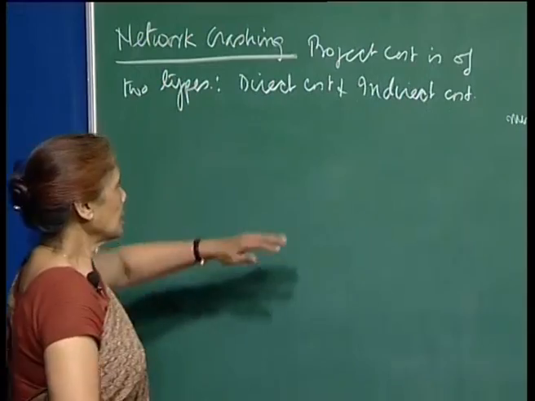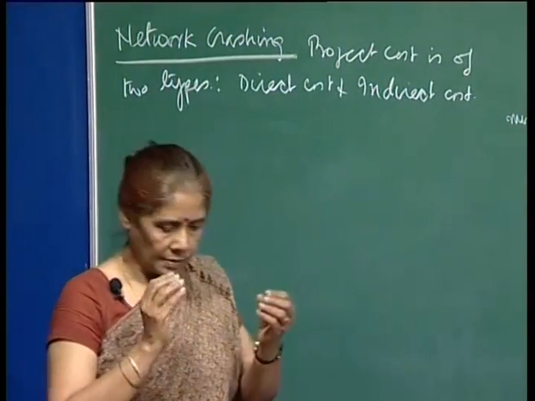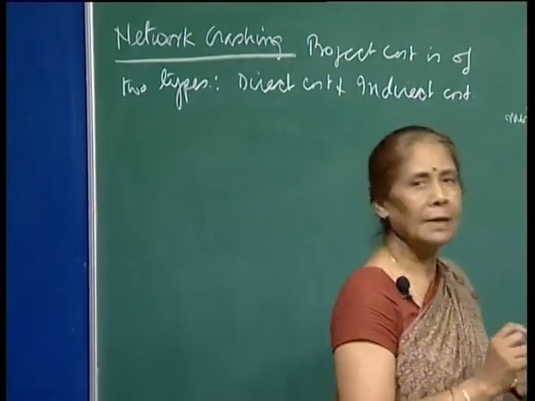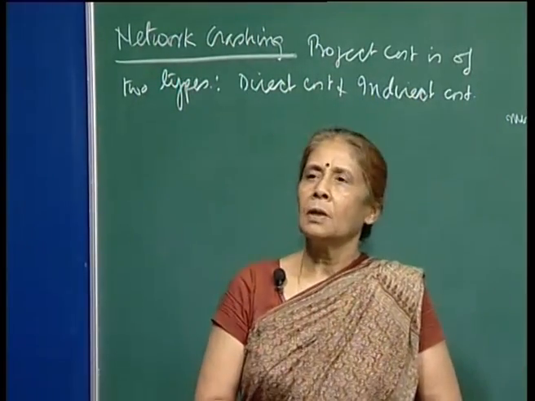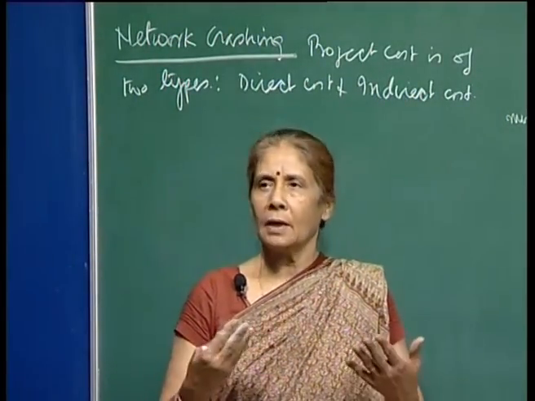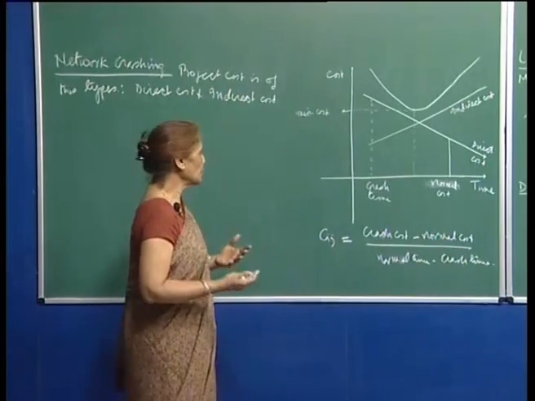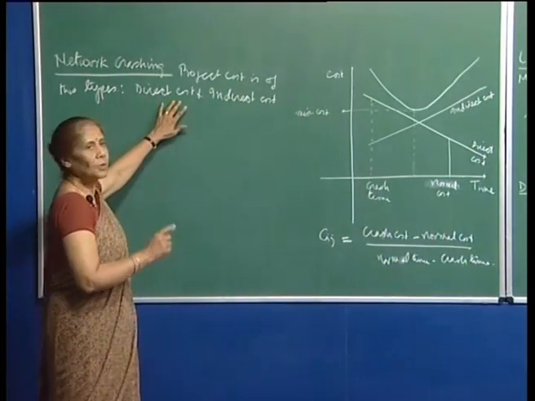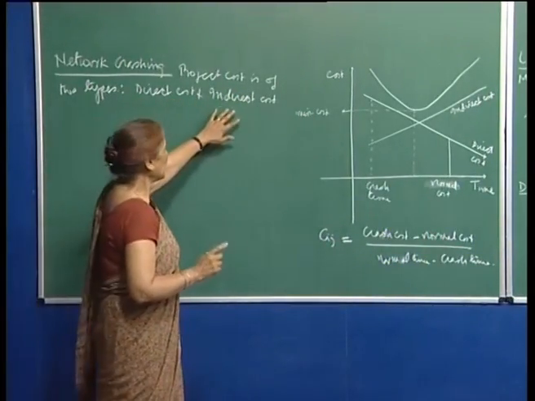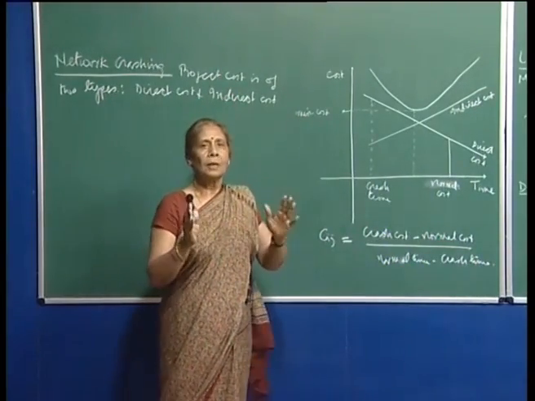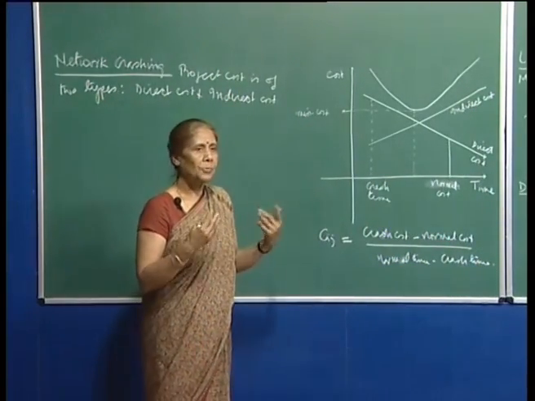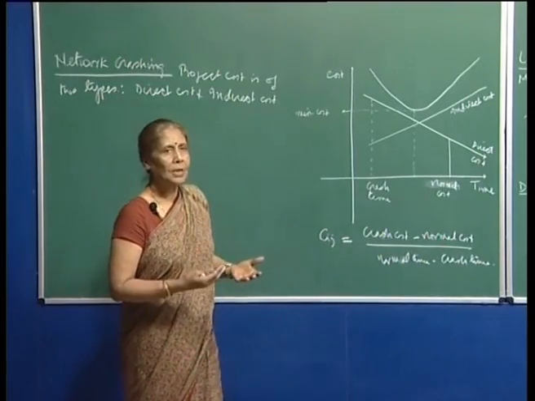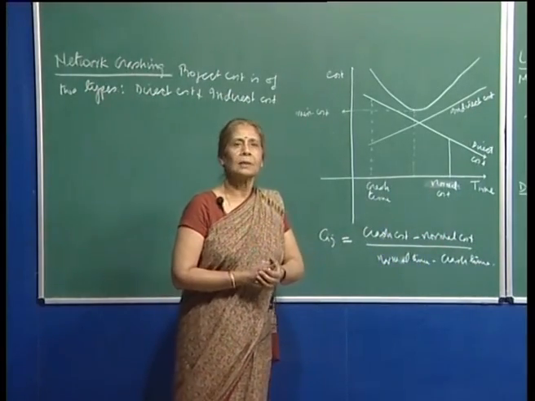So, as I was suggesting earlier, direct cost would be the cost associated with a particular activity. That means the amount of labor and other resources, whatever machinery you require, that is specific to a job, right. And the indirect cost is actually the cost related with the whole project, because you may hire premises, you may hire managerial skills, you might subcontract and so on.